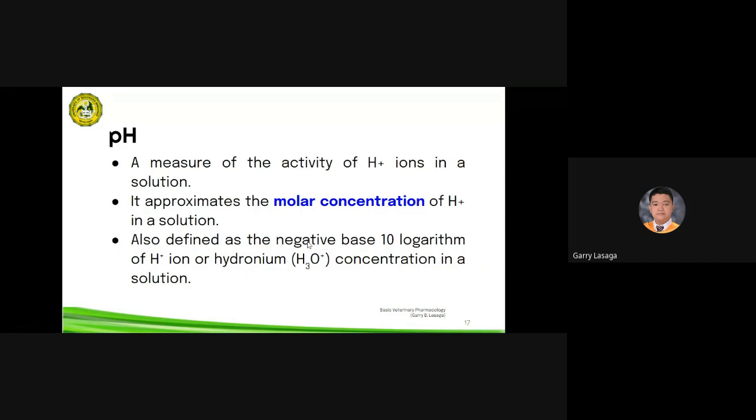So why is it negative? Why is our pH a negative base 10 logarithm?